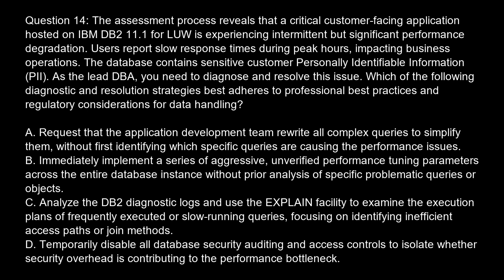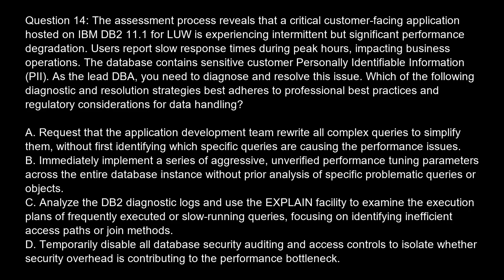Option A. Request that the application development team rewrite all complex queries to simplify them, without first identifying which specific queries are causing the performance issues. Option B. Immediately implement a series of aggressive, unverified performance tuning parameters across the entire database instance without prior analysis of specific problematic queries or objects.